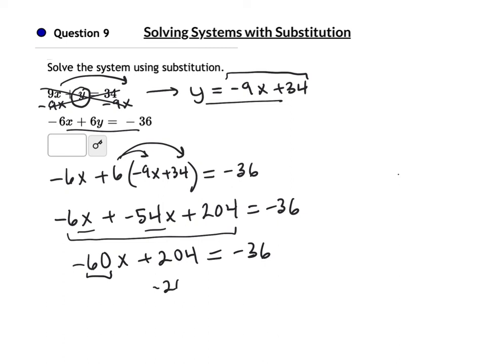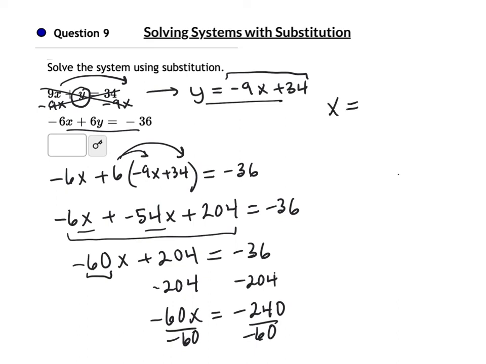Let's move that 204 to the other side. Negative 60x equals negative 240. Divide by negative 60, and x equals positive 4. Notice it was a negative divided by a negative, which made it positive.